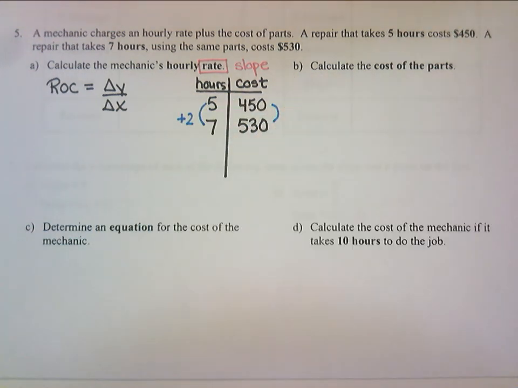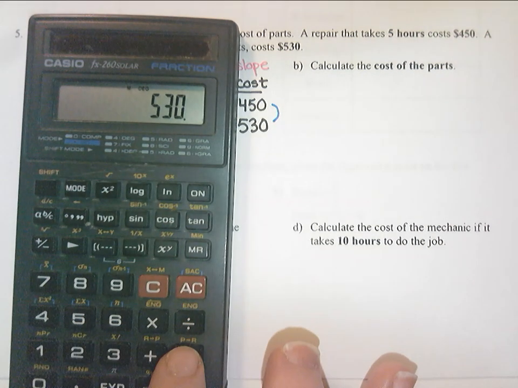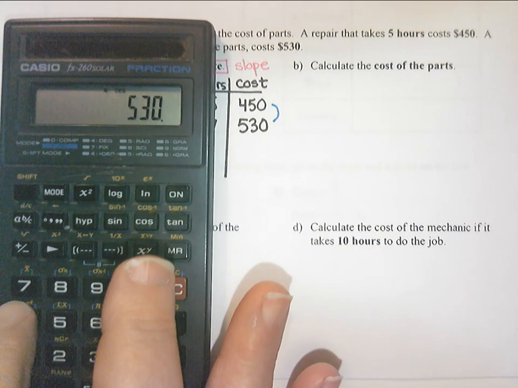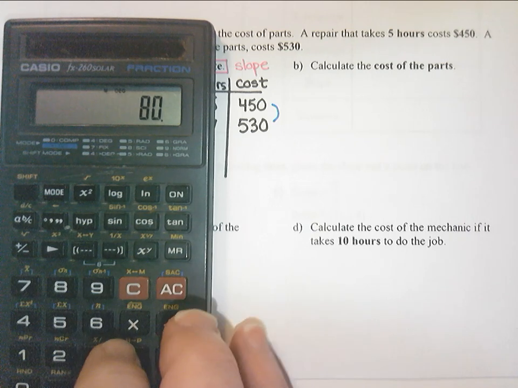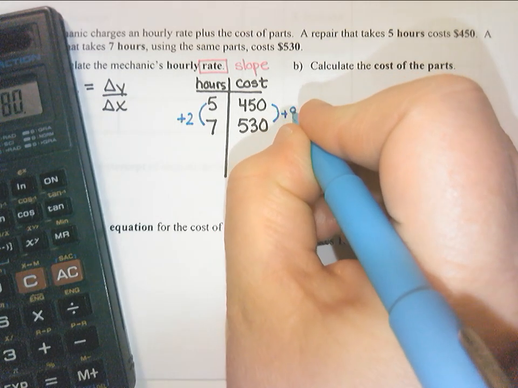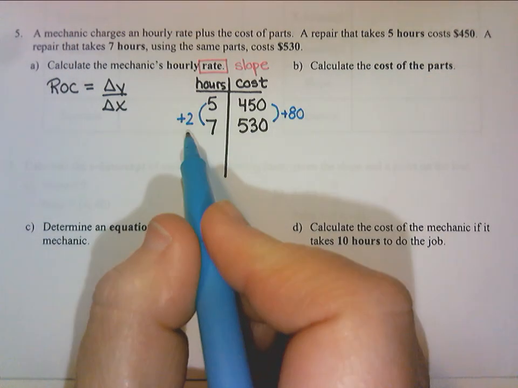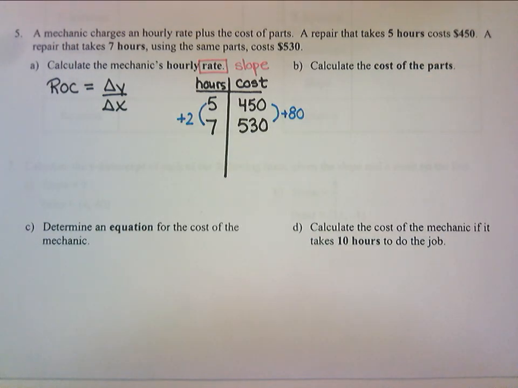To get from 450 to 530, I am going to calculate 530 take away 450, and I get 80. So we went up 80. So it cost $80 extra for 2 hours of work.